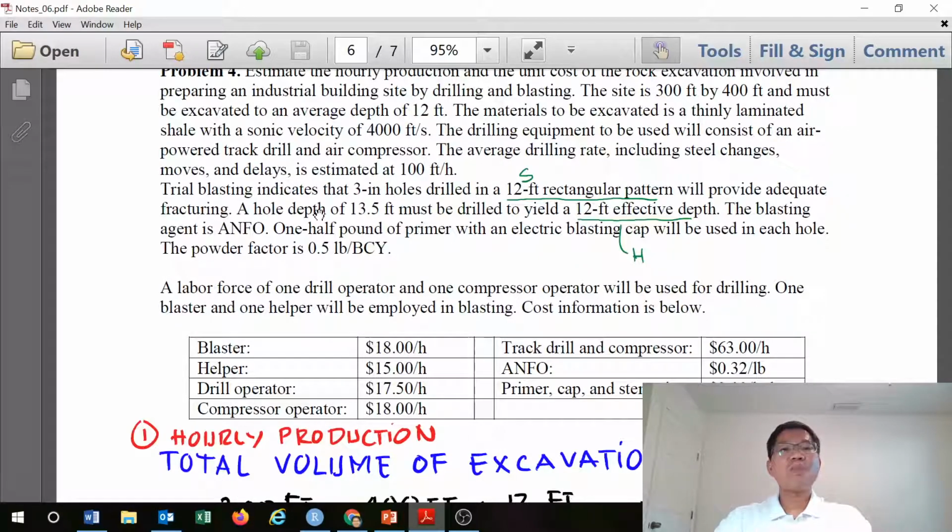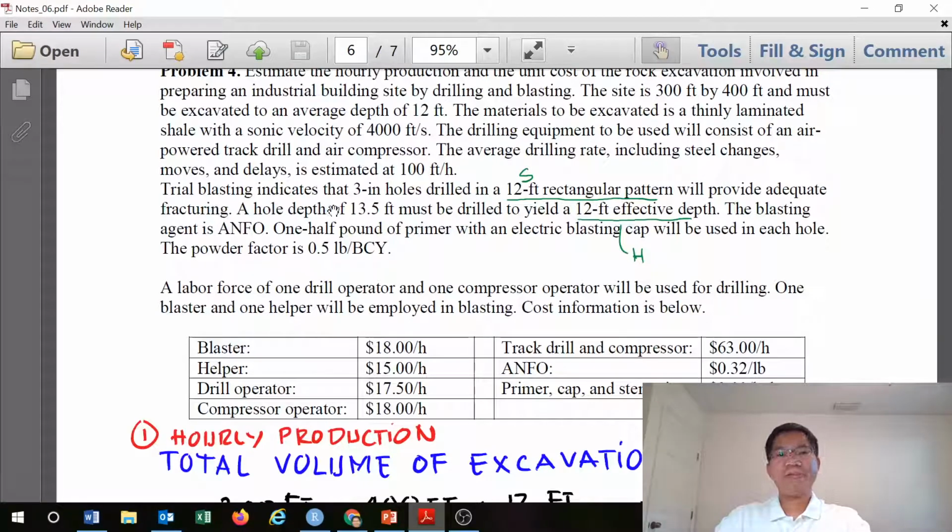And then the trial blasting indicates that 3-inch holes drilled in a 12 feet rectangular pattern, so we have staggered pattern and rectangular pattern. In this case, we will use rectangular pattern. And the 12 feet spacing stands for S in the equation that we learned to determine the bank cubic yards per hole. It will provide adequate fracturing.